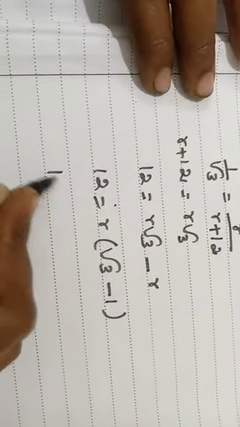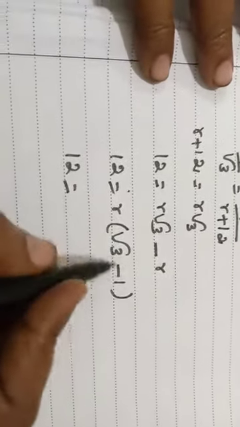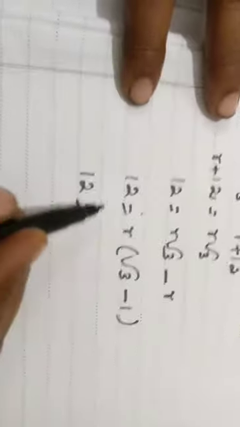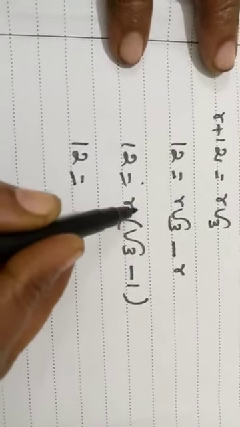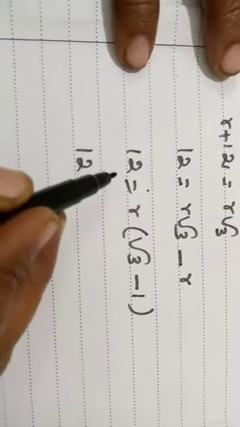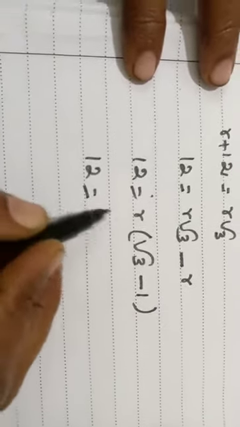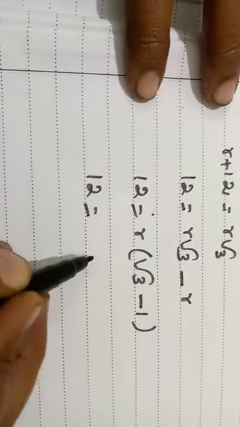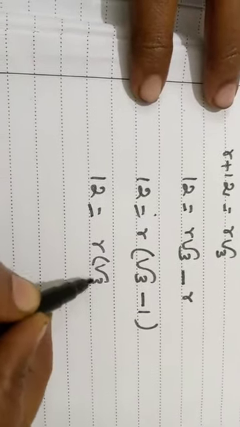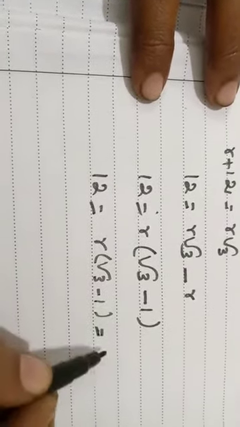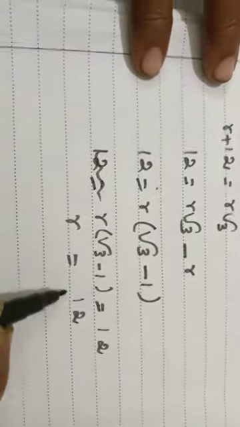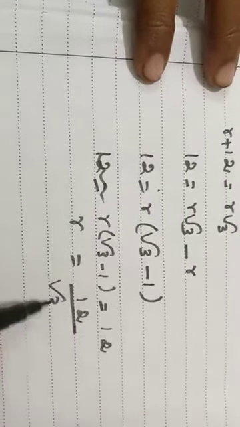So R into root 3 minus 1 equals 12. We have to get the R value. Now from here R can be written as 12 divided by root 3 minus 1.